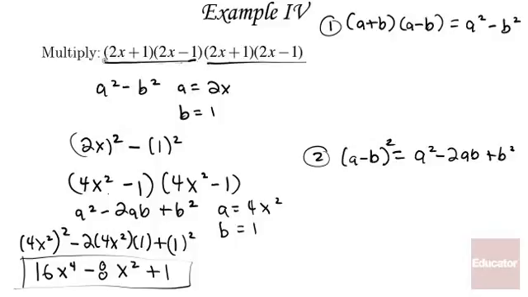I recall, though, that I had this twice, the product of this. So I had 4x squared minus 1 times 4x squared minus 1. And this is a square of a difference, a minus b squared. So I use this formula from here on out: a squared minus 2ab plus b squared, found my a and b, substituted in, and got my answer.